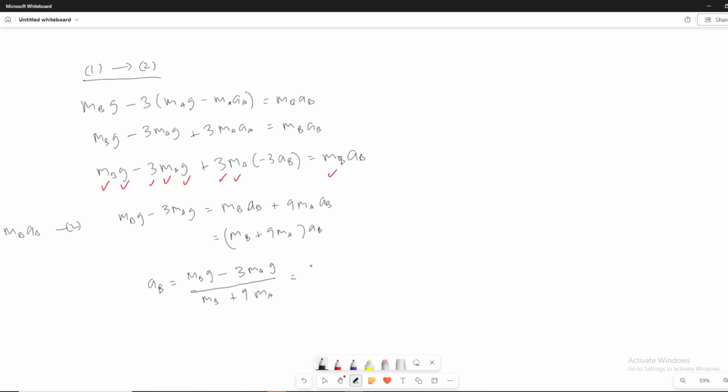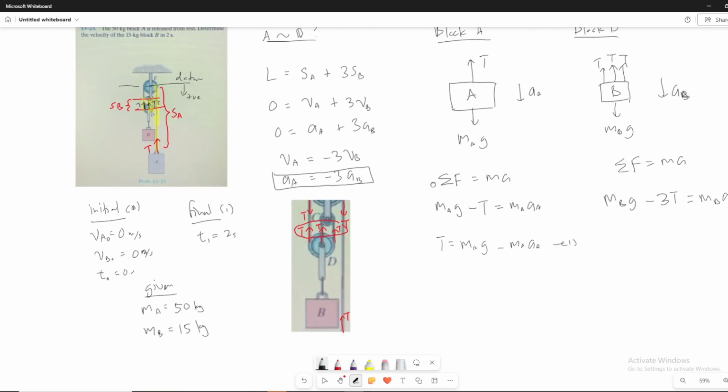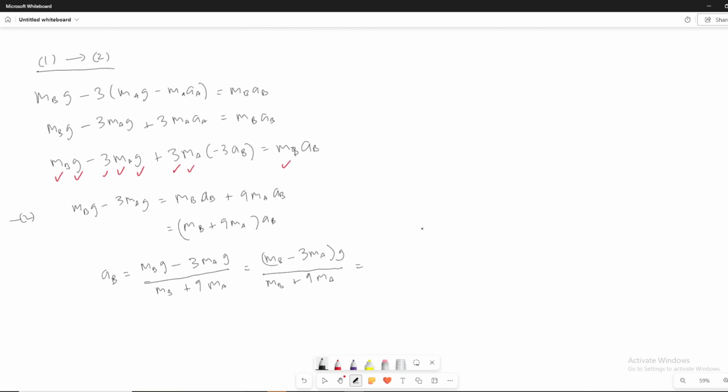So this is MB minus 3MA times G divided by MB plus 9MA. MB is 15, MA is 50. So that's 15 minus 3 times 50, times 9.81, divided by 15 plus 9 times 50.